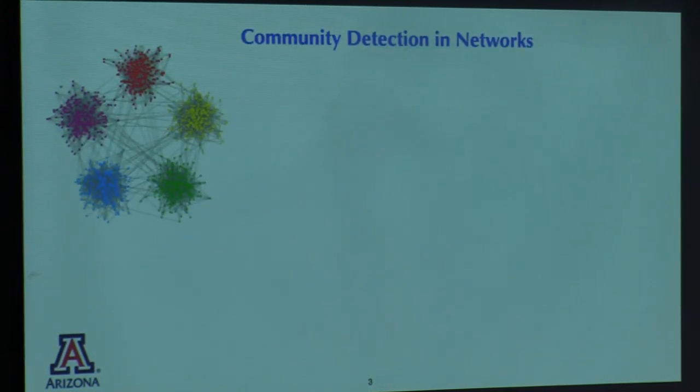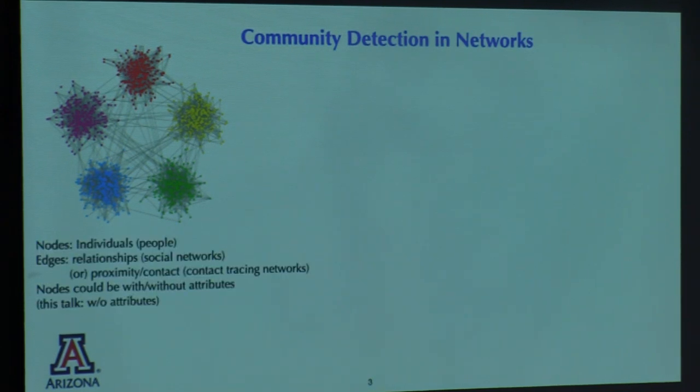So what do I mean by community detection in networks? Very broadly speaking, when I say network, I'm going to talk about a graph. The graph will have nodes and edges. For us, nodes will correspond to individuals or people, and edges will correspond to relationships between people.